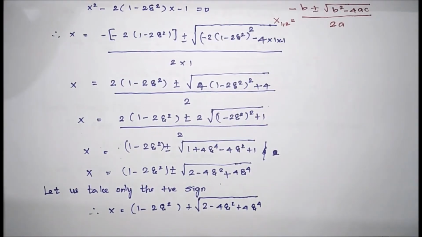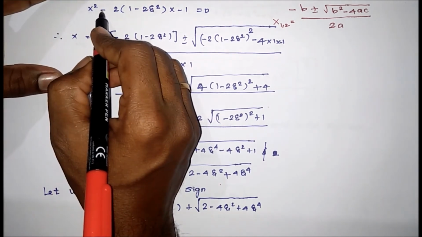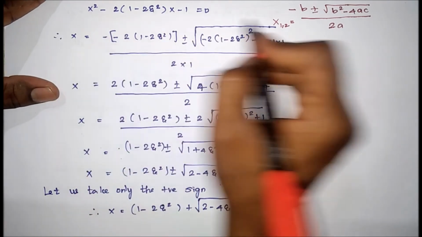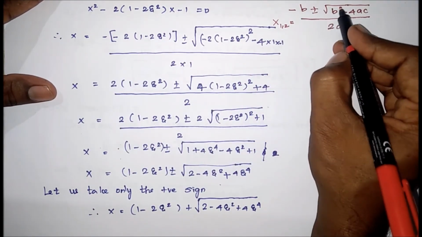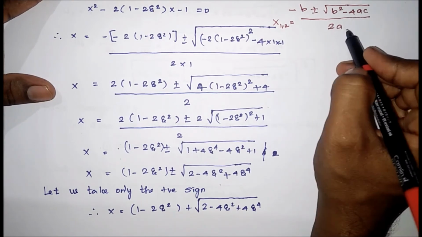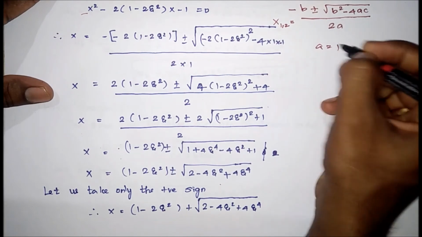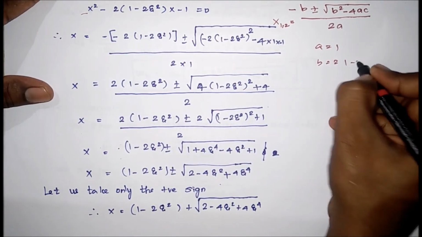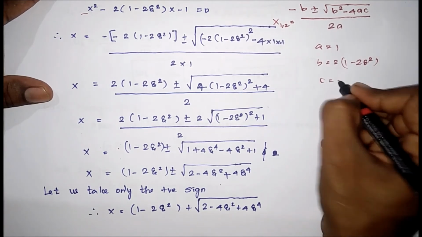So this is the quadratic equation. For this we know the formula to find the solution: x equal to minus b plus or minus square root of b square minus 4ac, divided by 2a. So here a equal to 1, b equal to minus 2 into (1 minus 2η square), then c equal to minus 1.